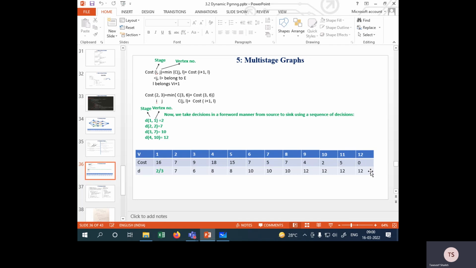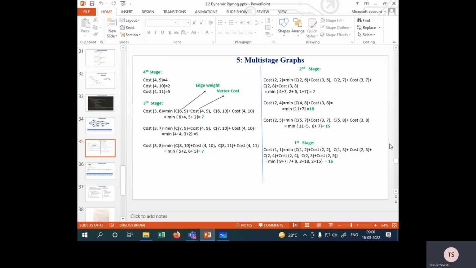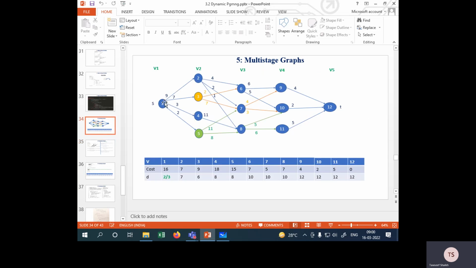Now the algorithm has to actually find that path, which means that out of these nodes from 1, where it has to go, as there are 4 options, 2, 3, 4, 5, which one it has to choose. Then when it reaches from stage 1 to stage 2, out of stage 3, it can go to 3 nodes, 6, 7, and 8.